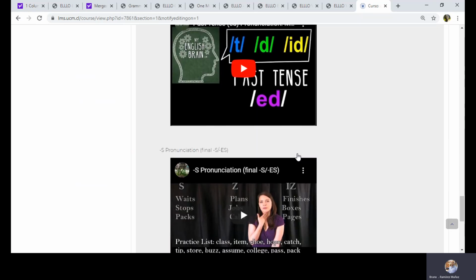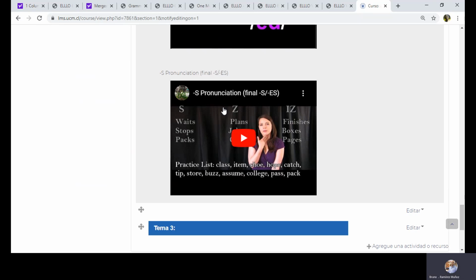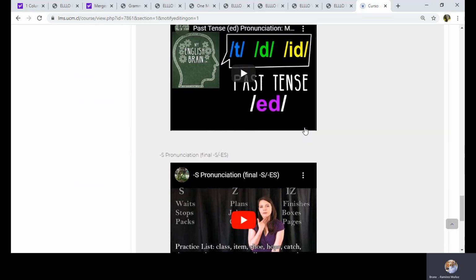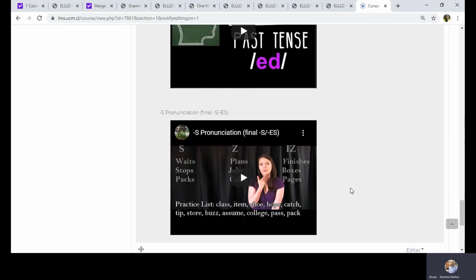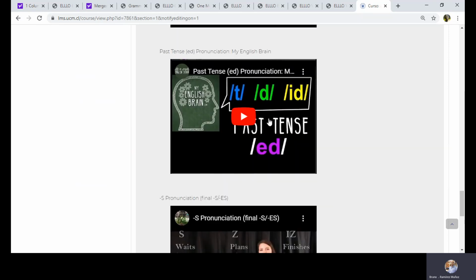So finally, this third person singular ending, which might be s, z, or is, as in waits, plans, finishes. So the idea is quite similar when you think about past tense or third person singular present simple ending. We're going to start with this one in this session.